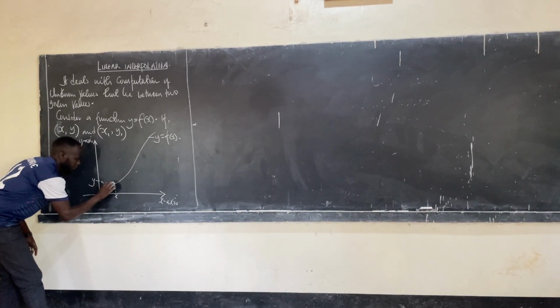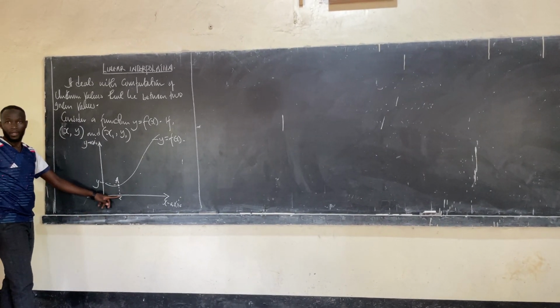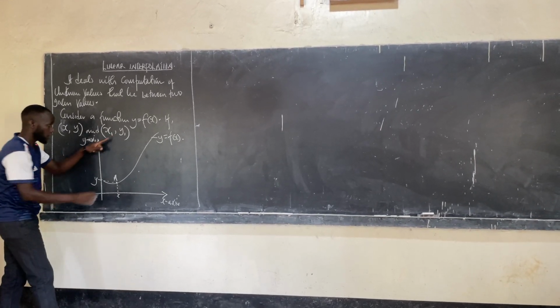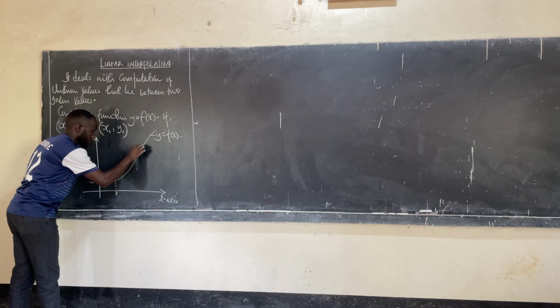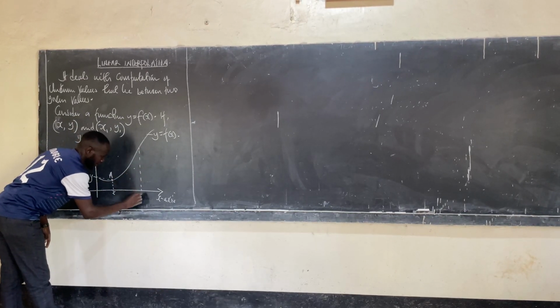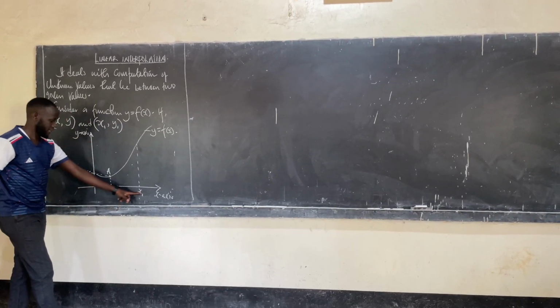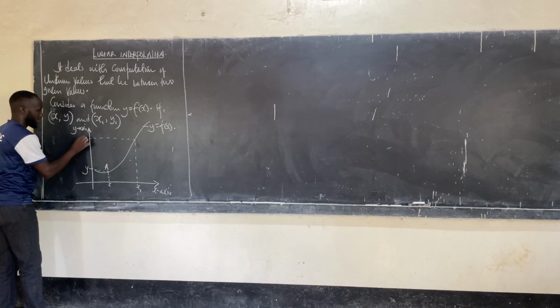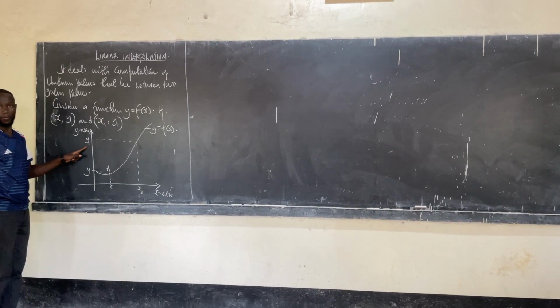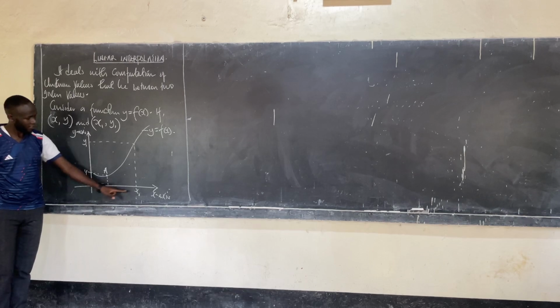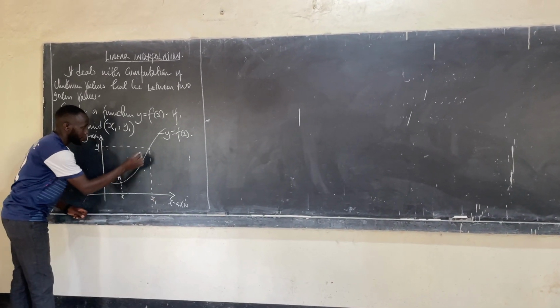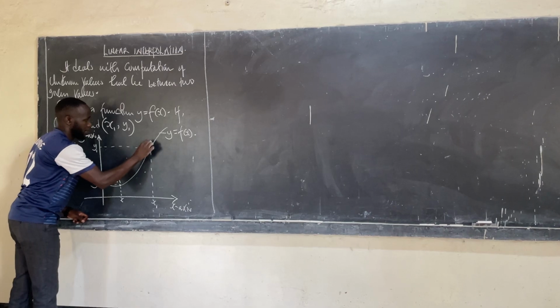So if this point is point A, then there is this other value, if this is x1, this will be the corresponding value of y and shall be y1. In this sense, these are two successive x values. You can name this one B.